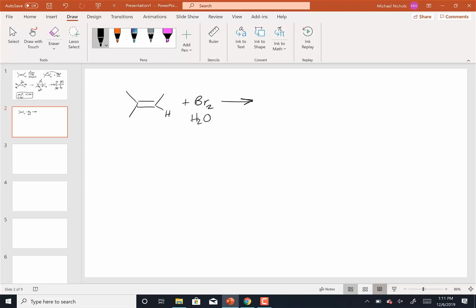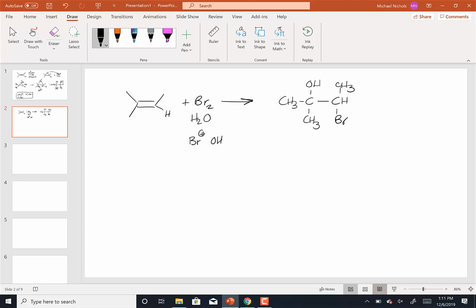So just writing the product of this reaction, we would have CH3C, we would have an OH here, we would have the bromine down here, along with the H and the CH3 over here. So I added a Br and an OH, Markovnikov, which means the Br is basically going to be the plus, like the H plus.